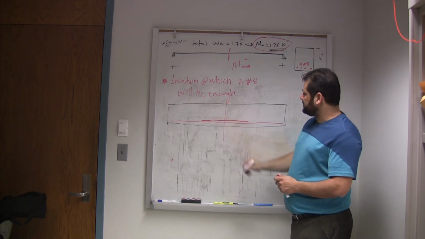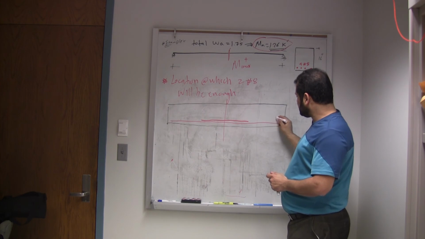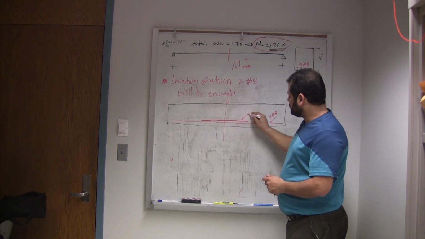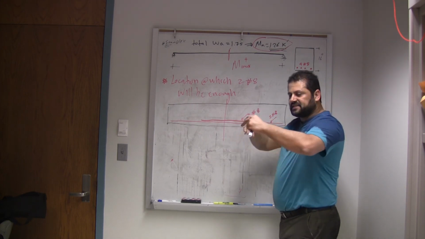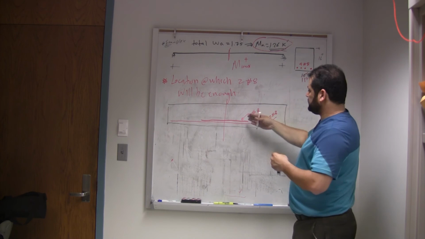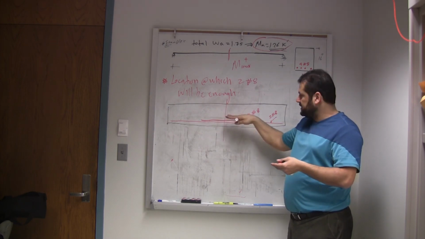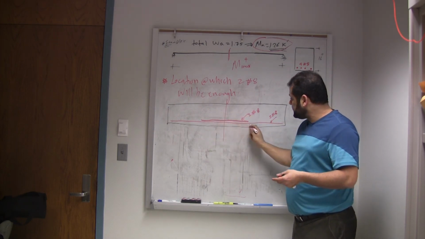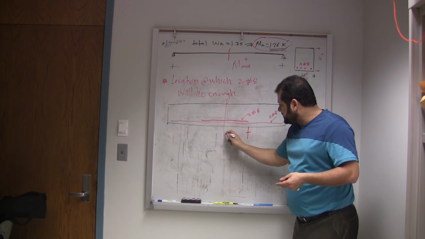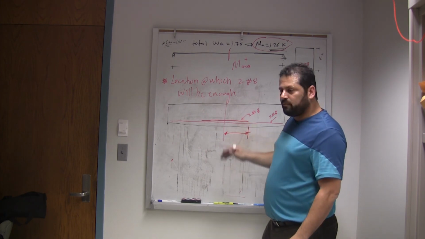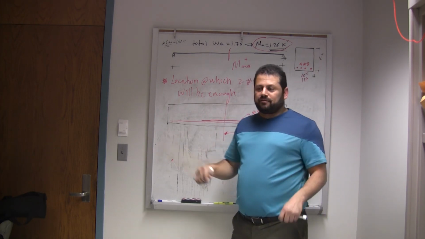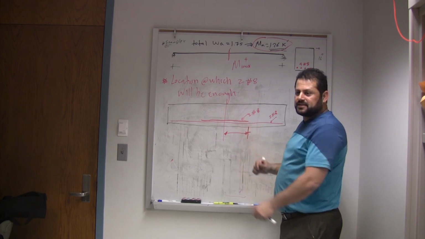Then they can be stopped. So 2 bars, and those 2 number 8 are at the same level. I'm just drawing them this way for you guys so you can see them. But where do we stop them? What's this distance from here to here? We call it the cutoff point, the theoretical cutoff point.